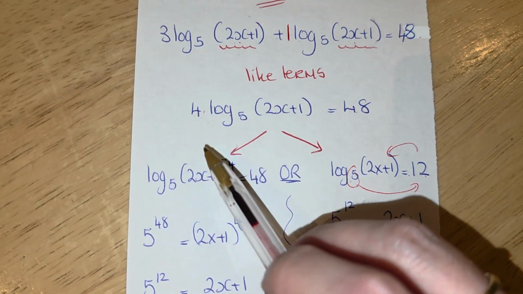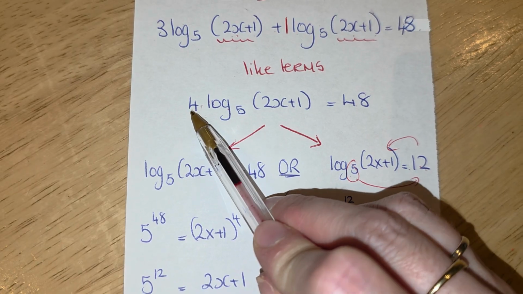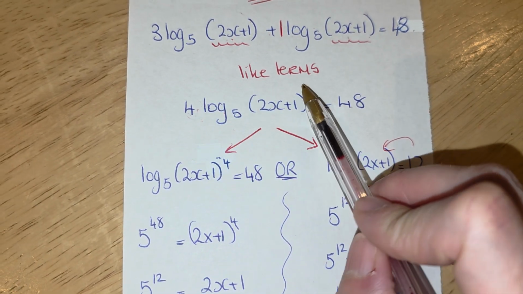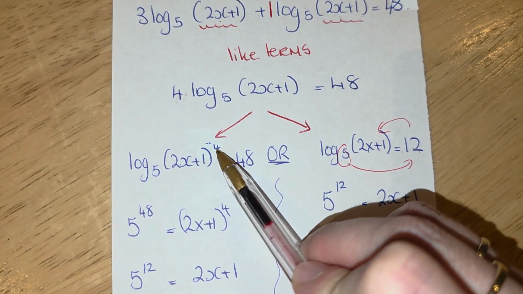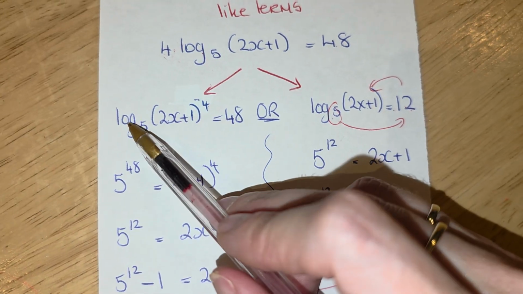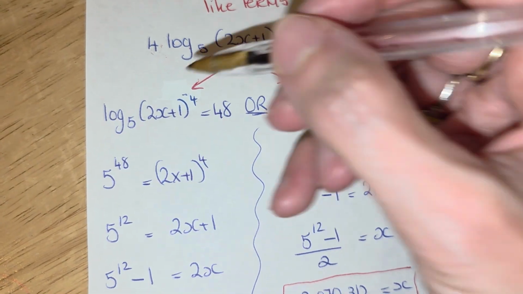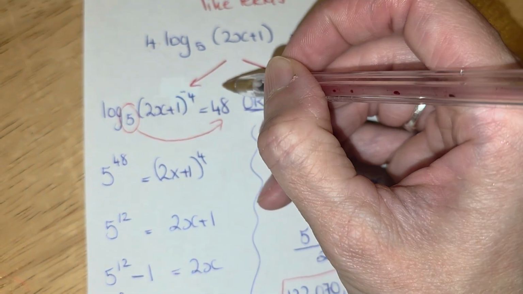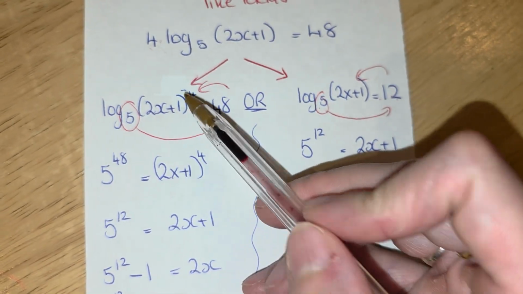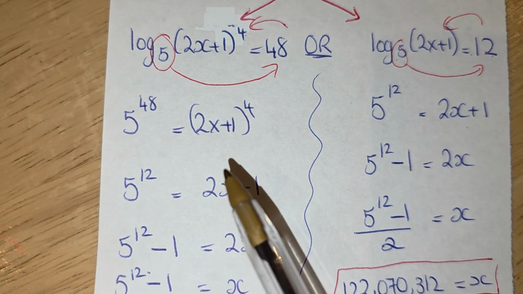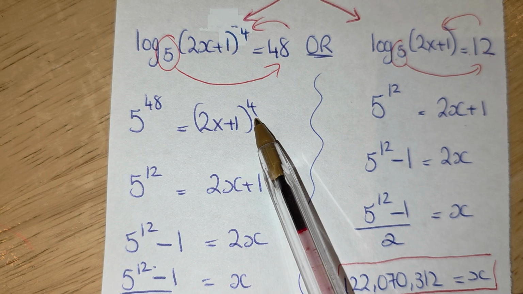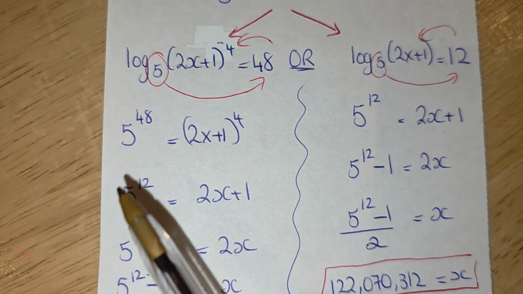If you don't want to do it that way, the 4 in front of the log, I could bring it up and put it on the power of the bracket, so it would look like that instead. And again, I can't apply any more rules of logs, so I'd take it out of log notation. It would be 5 to the power of 48 is equal to the bracket to the power of 4. You eventually want to get the bracket to the power of 1. So how do you undo a power of 4?